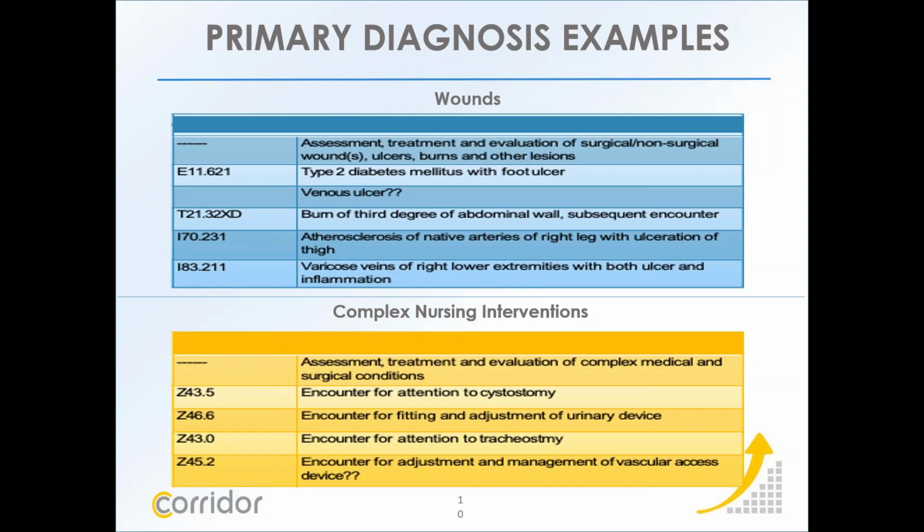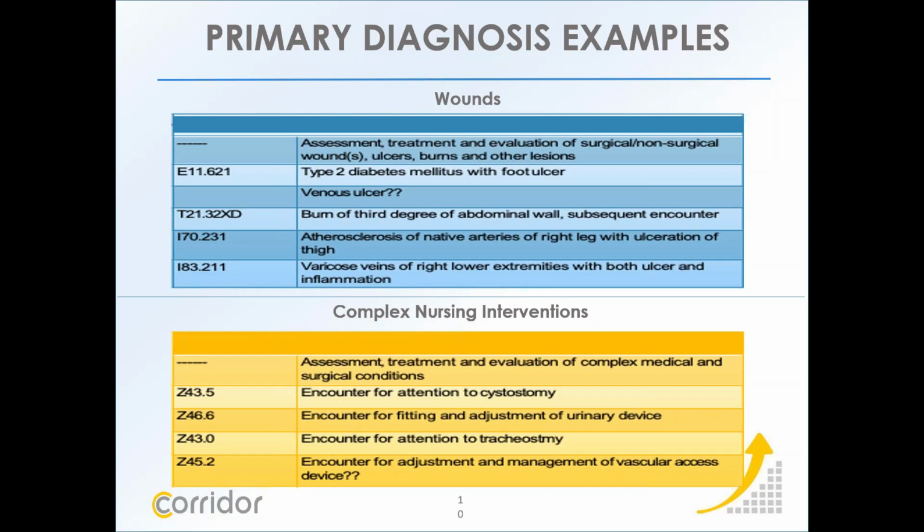Because of coding conventions, even though your primary focus of care may be a stasis ulcer, coding requires a code called venous insufficiency to be coded primary, and that code falls into MMTA circulatory. Even though your primary focus of care is a wound, by coding rules it can actually slide you into a different category, and that's really where it's going to put you.